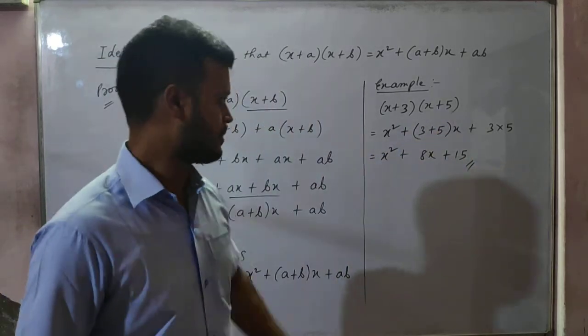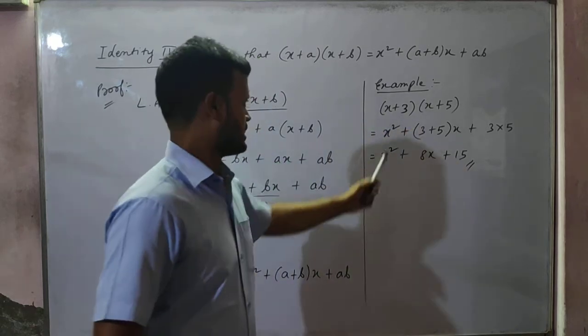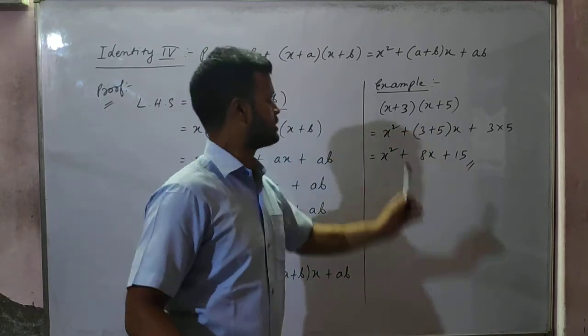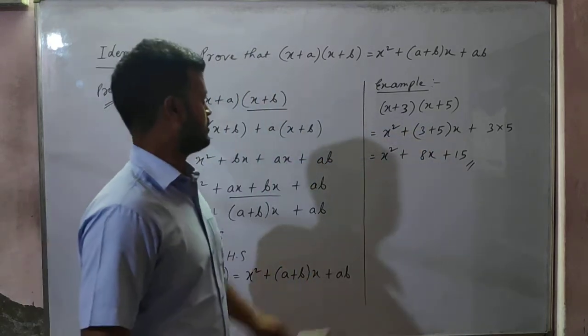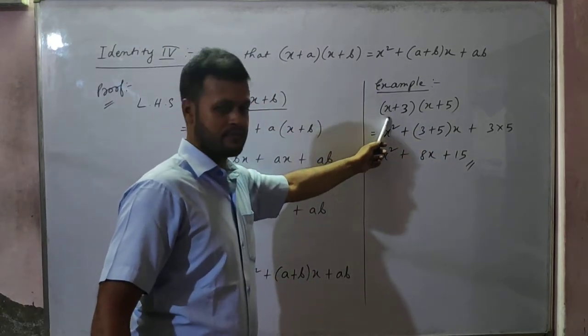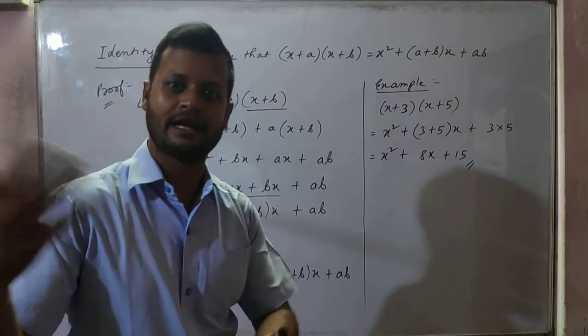No problem. Okay. So here also x is there, here also x is there, same. Here plus 3 is there, here plus 5 is there. So we can easily apply this formula, (x plus a) into (x plus b). So first what we will write, x square, here x is there. If x is there, write x square. If 2x is there or 3x is there, then you will write it squared.